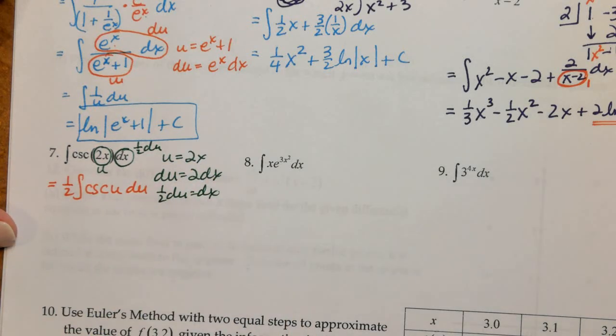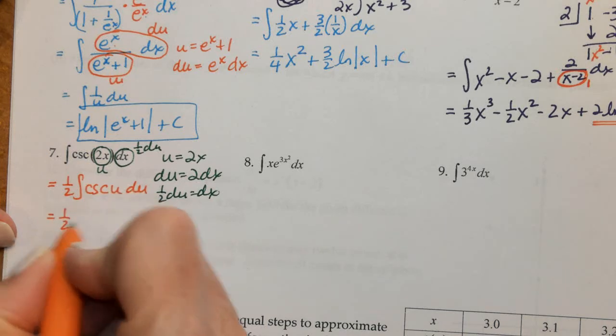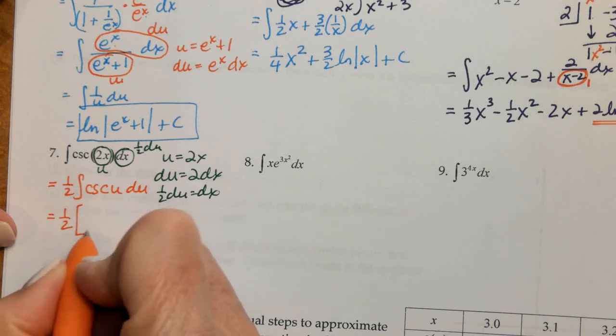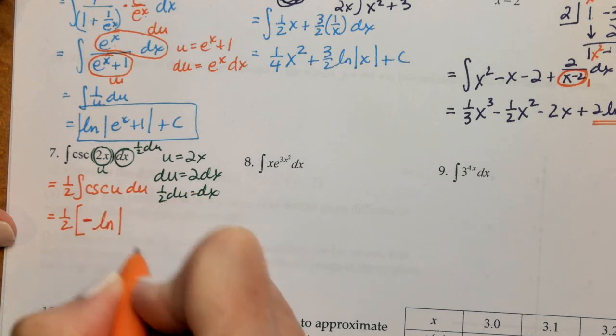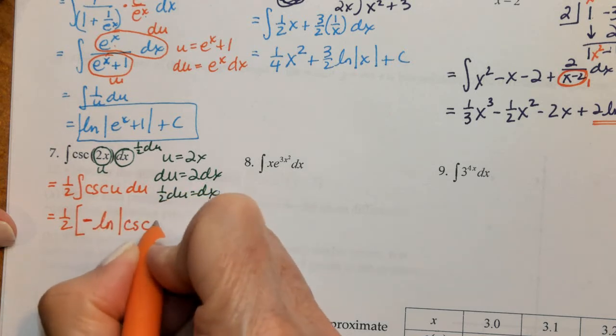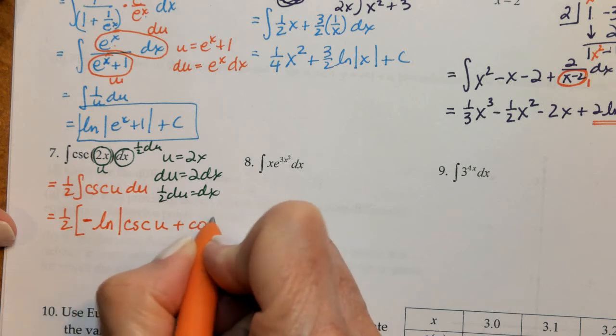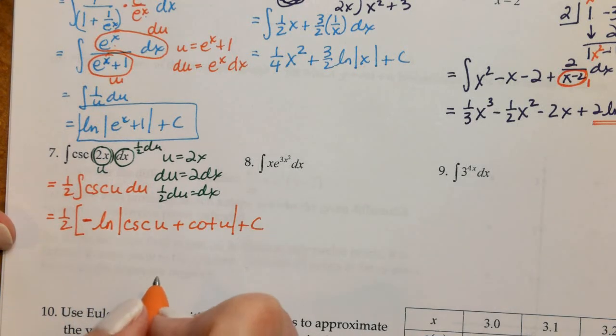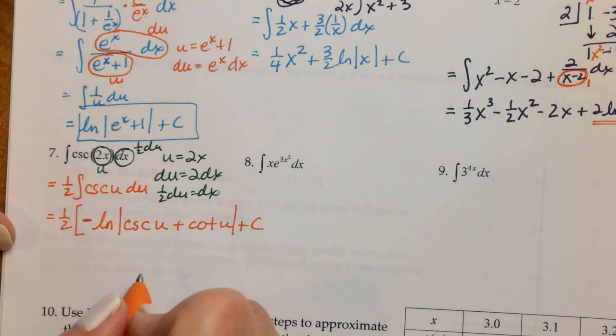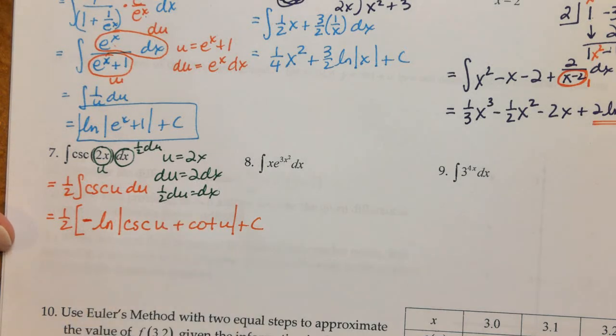I know that antiderivative. So for cosecant, it's going to be a negative natural log absolute value cosecant u plus cotangent u. That's something that you just have to know, you guys. You just need to know that. Put it in your memory banks. I don't remember that one.